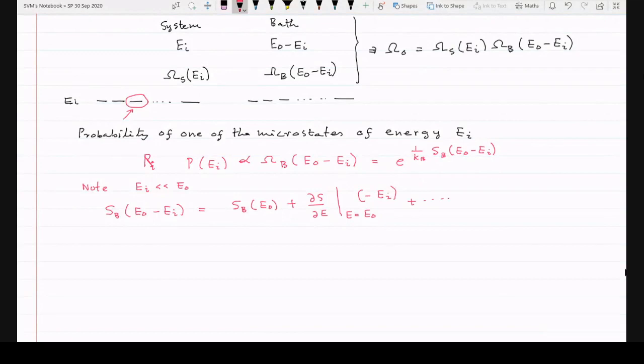I neglect all higher order terms. Dou S by dou E we know is the temperature of the bath, and the temperature of the bath is the same as the temperature of the system in thermal equilibrium. So I have minus EI.